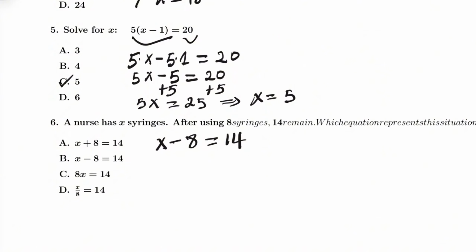If we want to solve this problem, you will just have to add. Let's see what this person had originally. It would have been 22, right? So x would have been 22, but the right answer is going to be B, right?